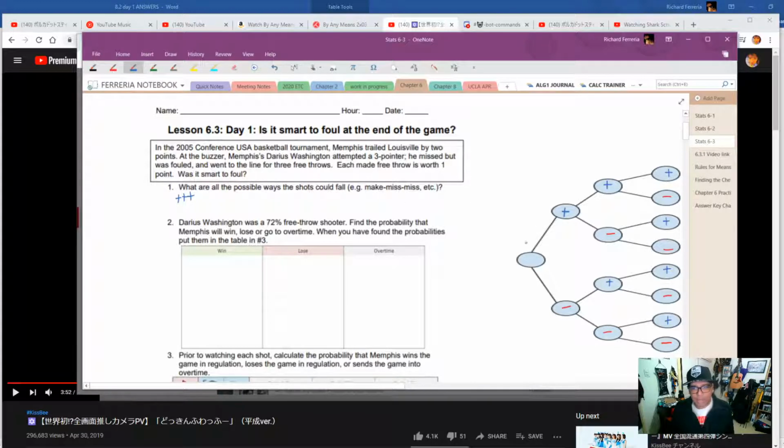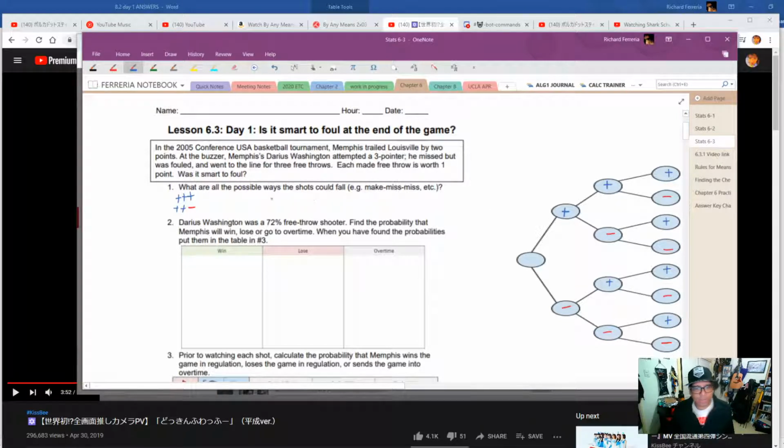Another thing that could have happened is he could have made the first 2 free throws and then missed the third free throw. So that's a make, a make, and then a miss. Another thing that could happen is he could have made the first free throw, missed the second, and then made the third.